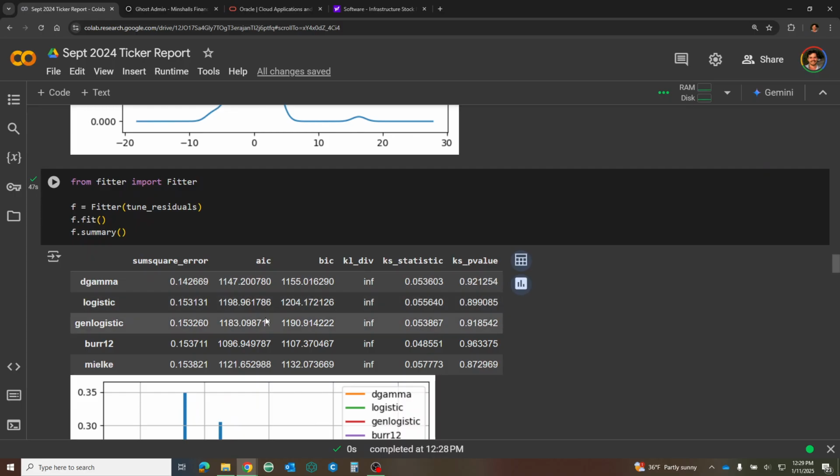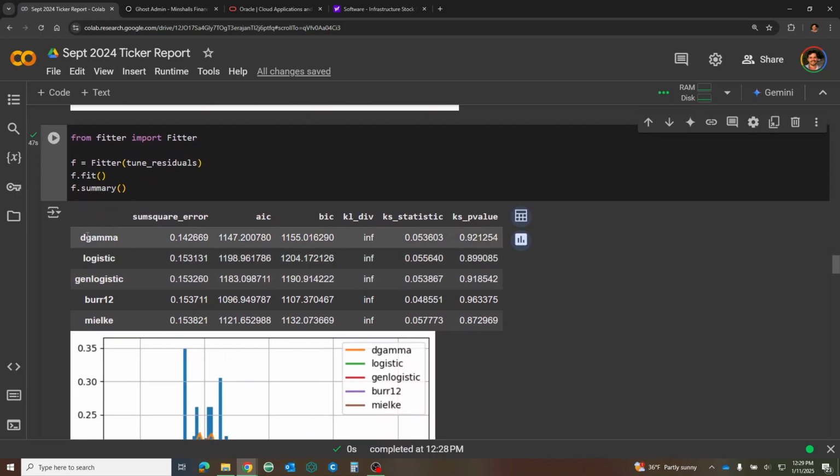I don't know much about residuals and what D gamma, logistic, gen logistic, BER 12 are. I'm guessing these are different ways of AIC, BIC, KL div, and all this. The p-value I have some idea of, but I've never heard of a KS p-value or a KS statistic, right?